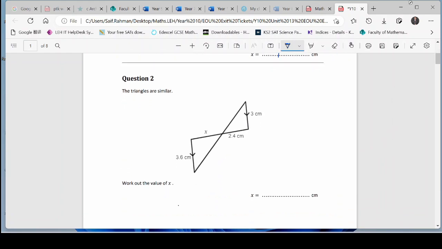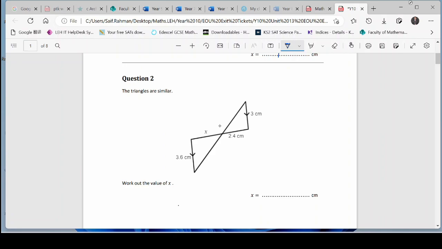The same type of question: the triangles are similar. So these two triangles are similar, and here are two parallel lines as well. So in this type of case, we can see that these parallel lines are the same, and then this x and this 2.4 centimeter, the straight lines which are crossing these two, they are also similar.